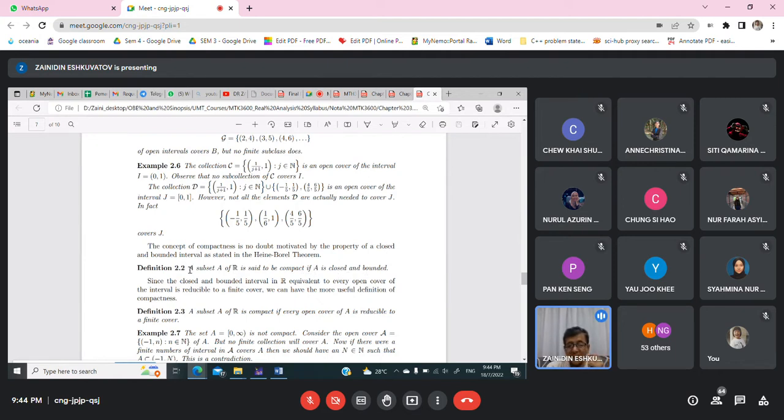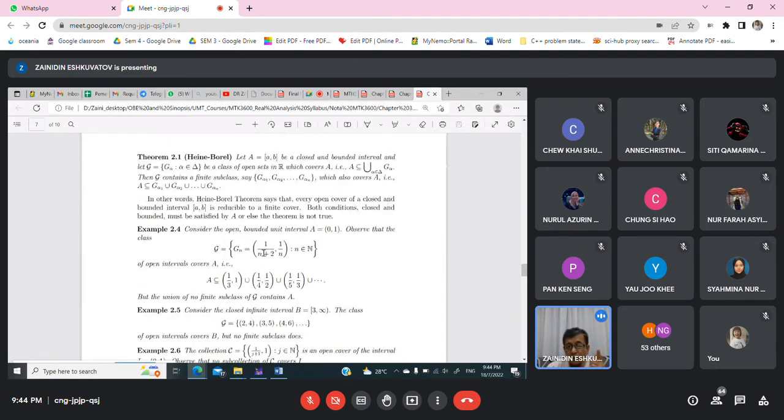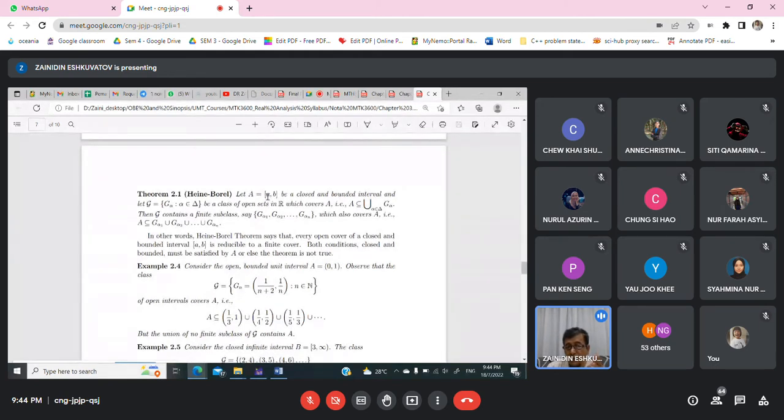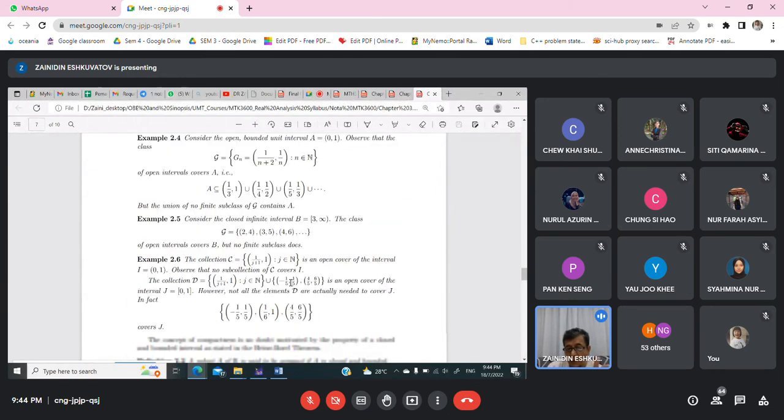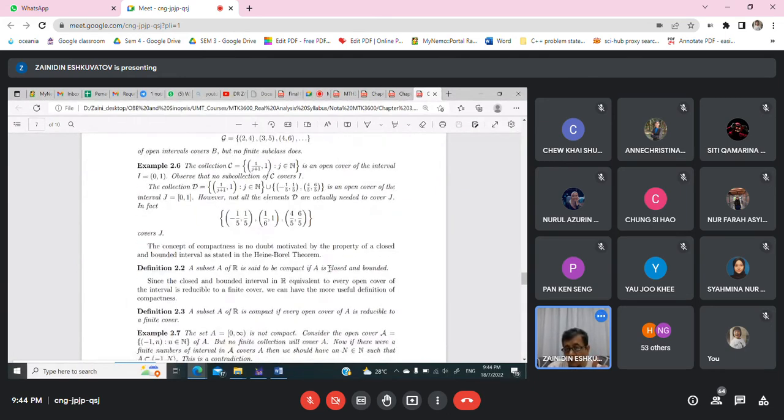Here it is given as a definition. In other literature, it is stated like this: a subset A is said to be compact if A is closed and bounded. Compactness is a little bit difficult to prove using the open cover definition, but this way we can easily prove that if A is closed and bounded, then it is compact.